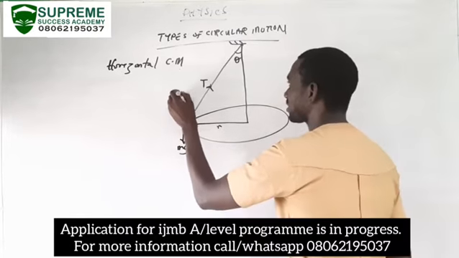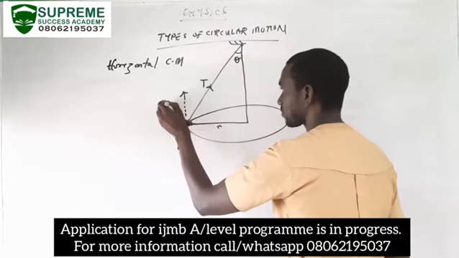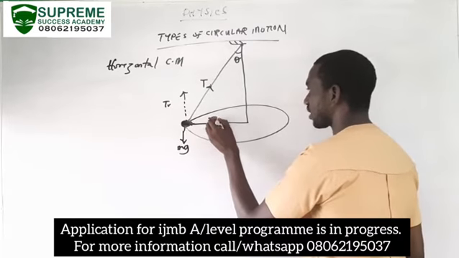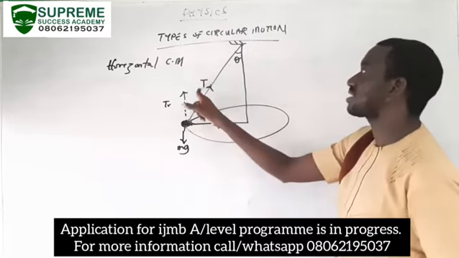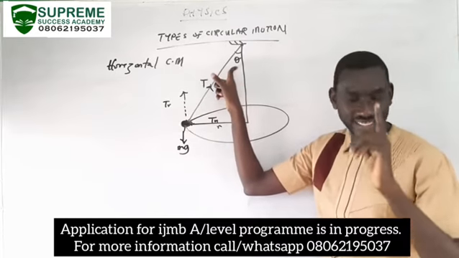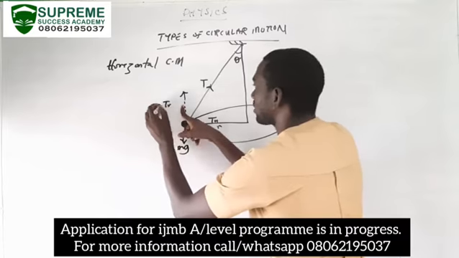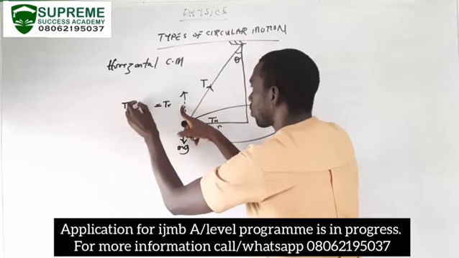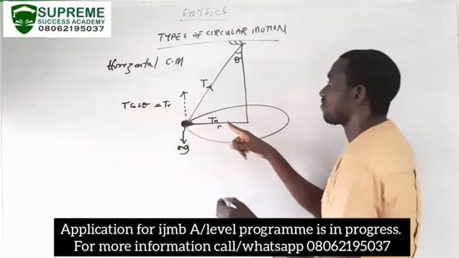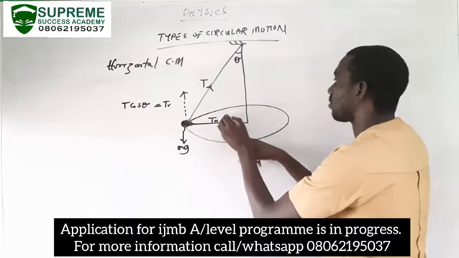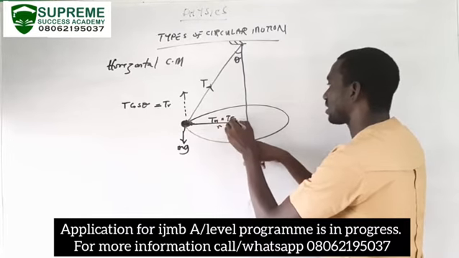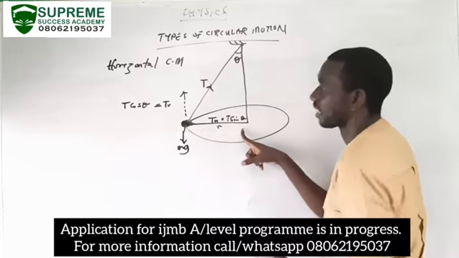You can have the vertical component and you can have the horizontal component. If you are resolving it to the vertical component, it's going to give you T cos theta. And if you are resolving it to the horizontal component, it's going to give you T sin theta.